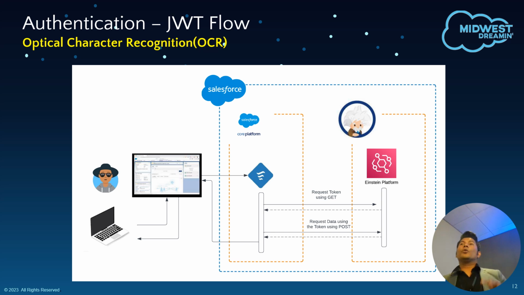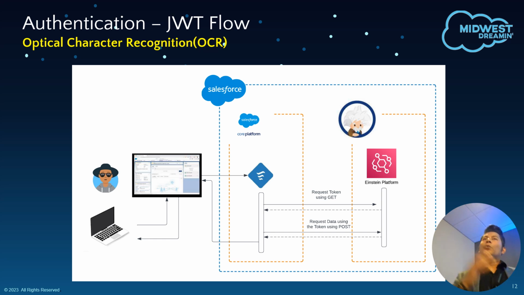One of the core things about the implementation is the authentication. Though it is part of this broader ecosystem, these are two separate entities. You have your Salesforce org, then you have your Einstein platform. Even though from a Salesforce perspective end users see a single ecosystem, this Salesforce org has to connect with that Einstein service.